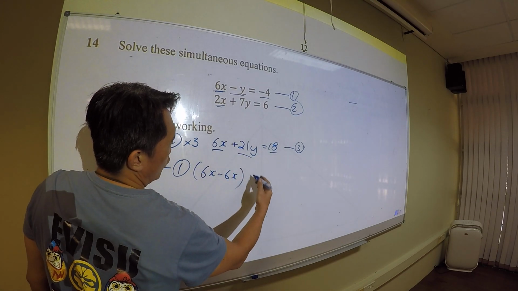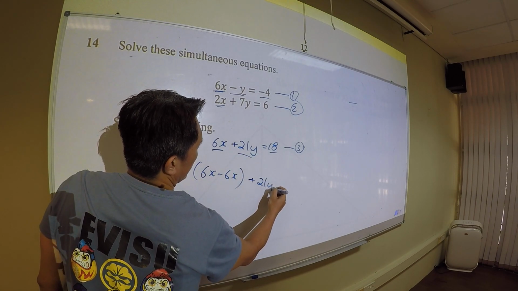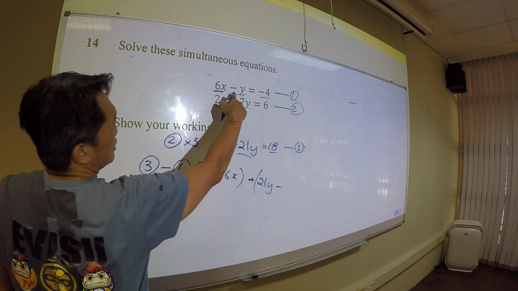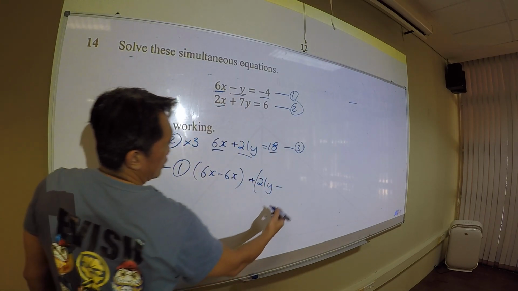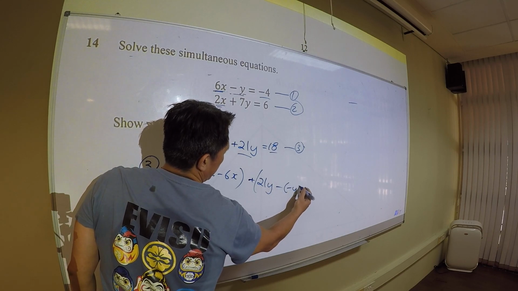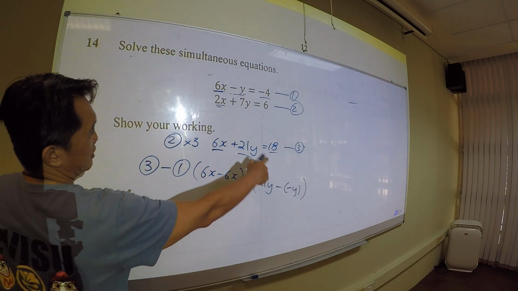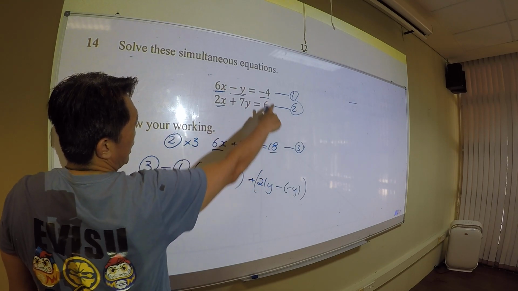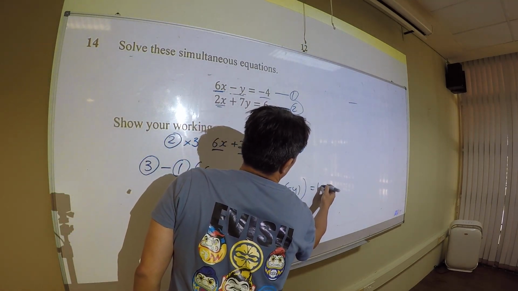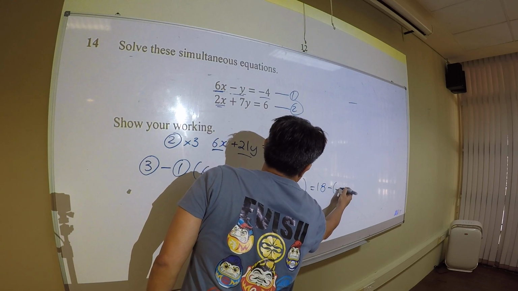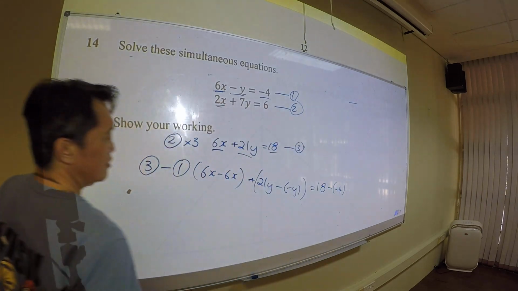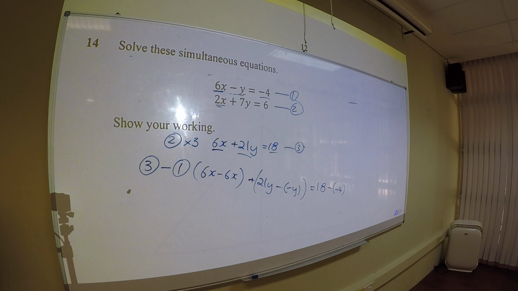My 21y will minus away negative y. 21 minus negative. Then my right hand side, 18 will minus negative 4. I take the entire left hand side minus the entire left hand side, and the entire right hand side minus the entire right hand side.